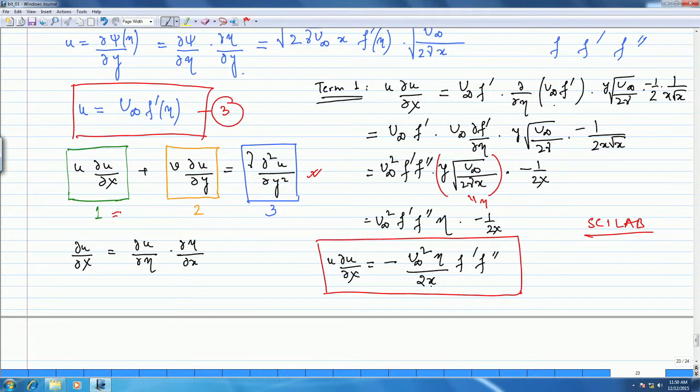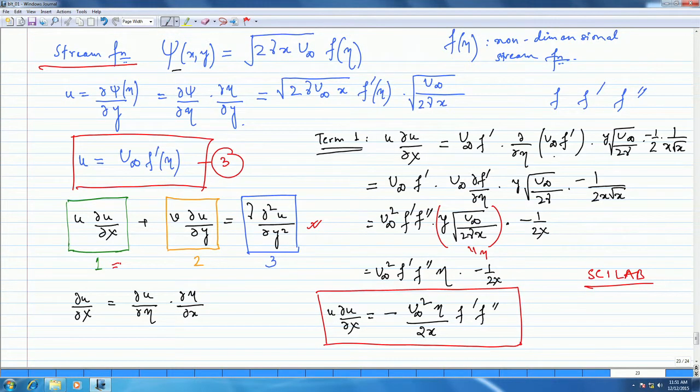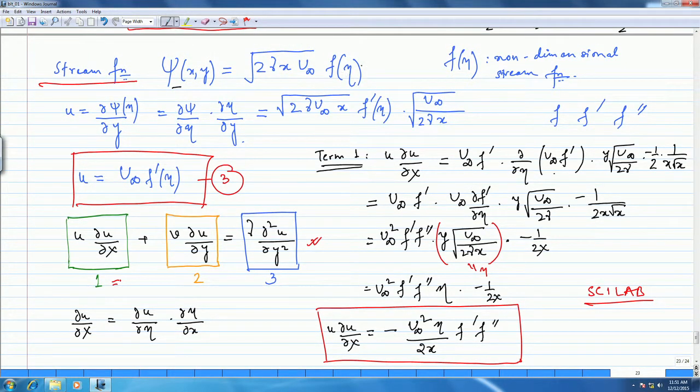It is a function of x, eta, f dash and f double dash, where f dash means del f del eta, and del 2f by del eta 2 is f double dash, and f is the non-dimensional stream function. So let us continue and work on the second term, since we are done with the first term.